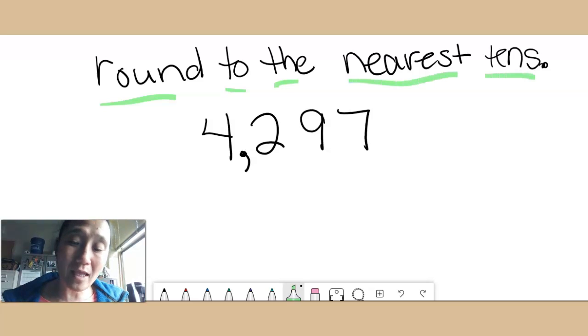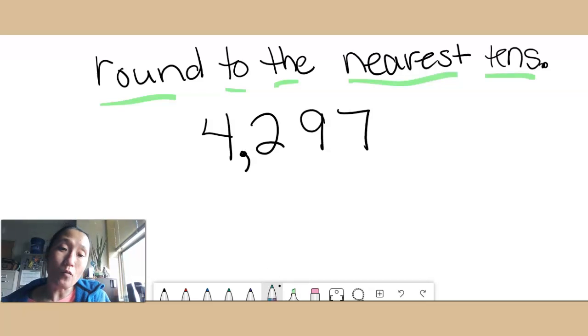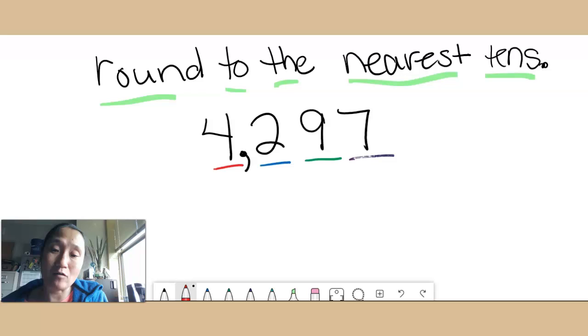All right, so what that means is you need to pull out that toolbox that shows that you remember place value, the places of each digit. Okay, so let's take a look at it. We have the ones, we have the tens, we have the hundreds, and we have the thousands.